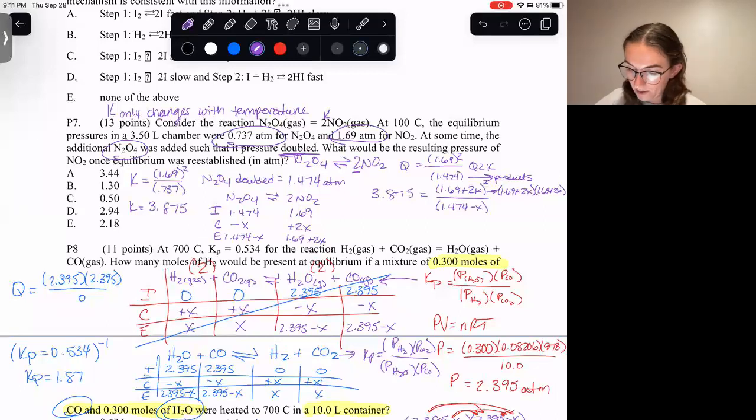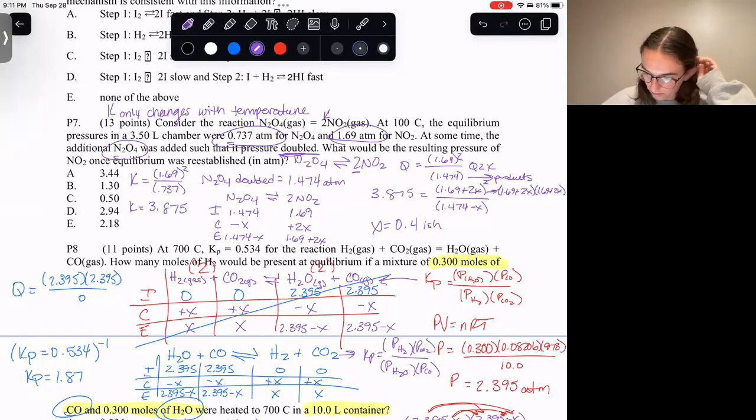But x should be around, I think, probably 0.4-ish. Okay, does that help with question 7?